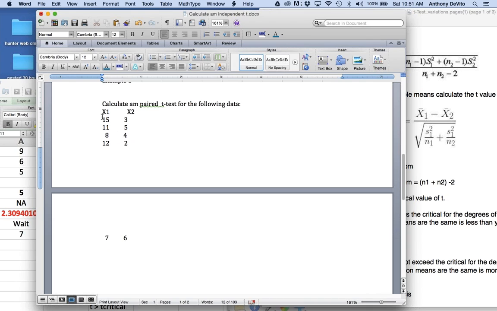This is the same individual before they took the drug and after. We want to see if they showed an improvement, being a lower number on this test, and if we can say that the difference between these two groups is not due to chance. So this is x1 after, and this is x1 before.